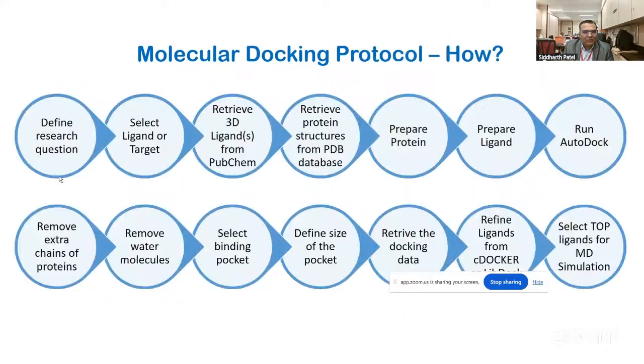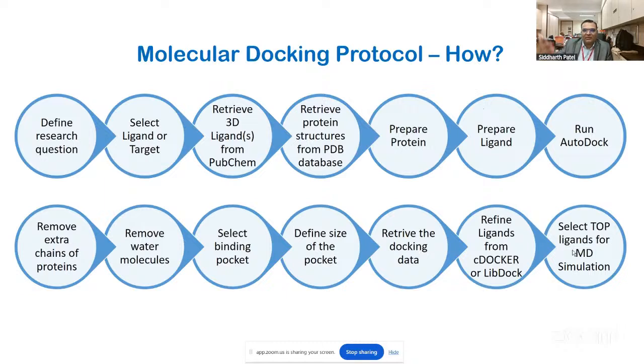Now coming to how. This is the extremely short protocol that I have tried to enlist here. This protocol is giving you an idea of the flow of the study, and at the end we will have top few ligands out of, let's say, 400, 500 ligands.